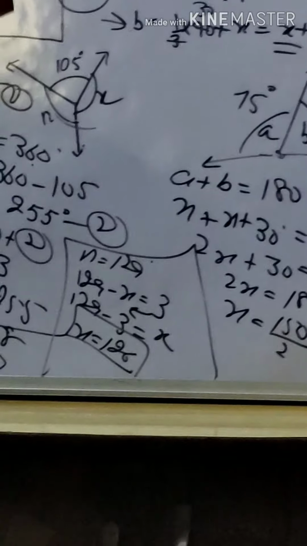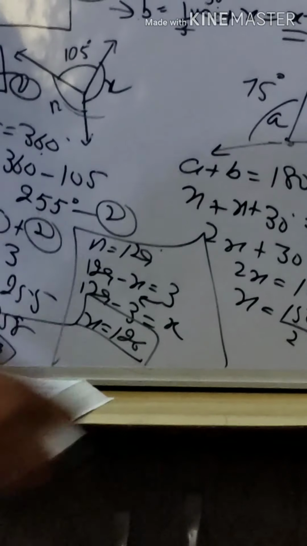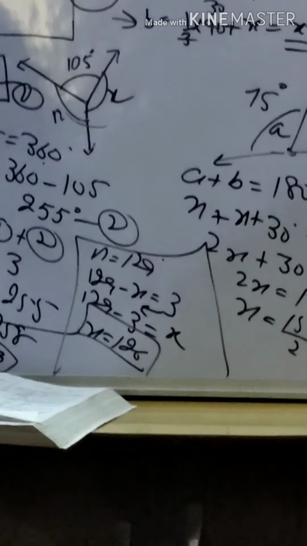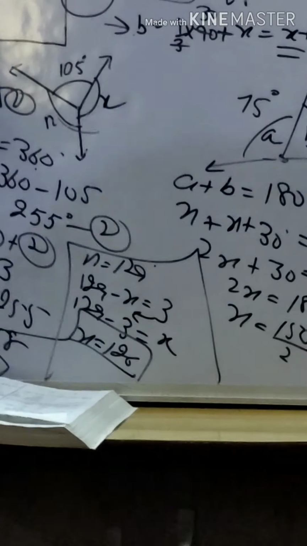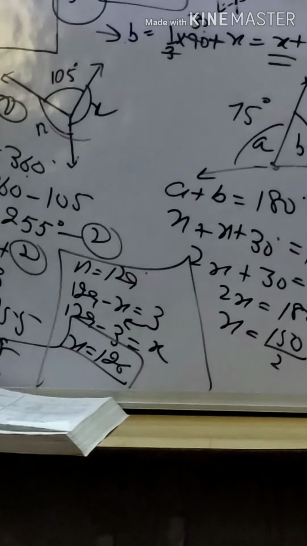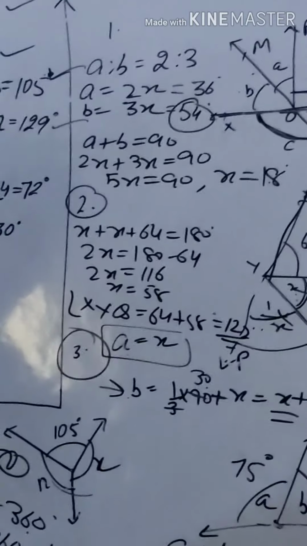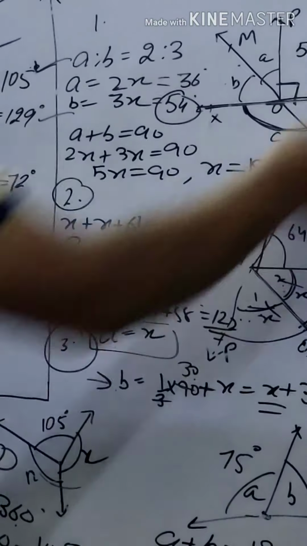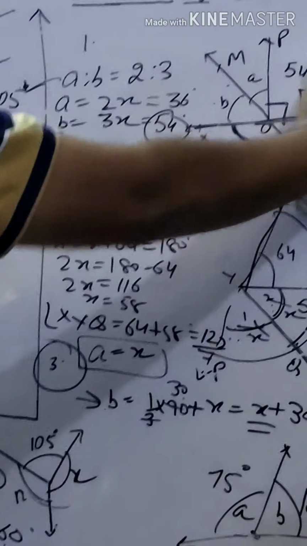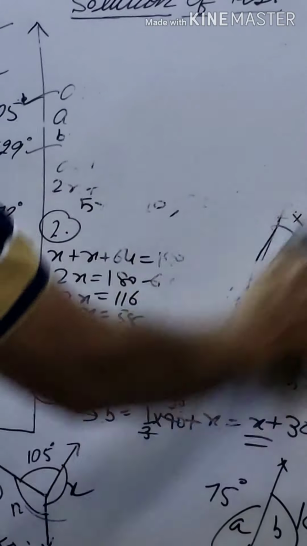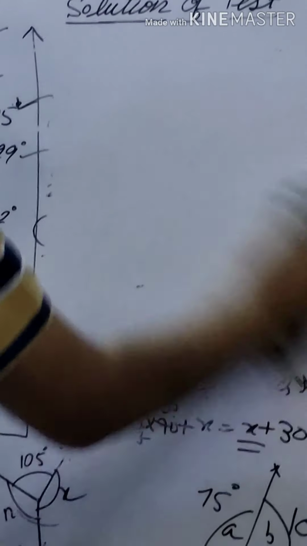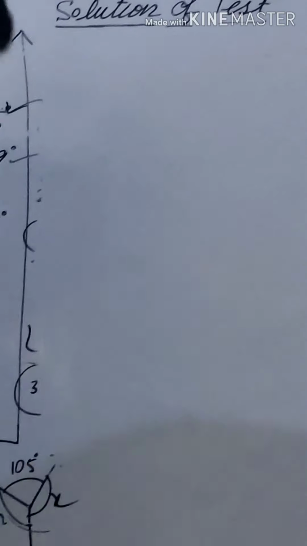For parallel lines, the sum of the interior angles on the same side of the transversal is 180 degrees, because my dear students, you know very well. So its answer is 180 degrees, the correct answer. Clear? It is very easy.